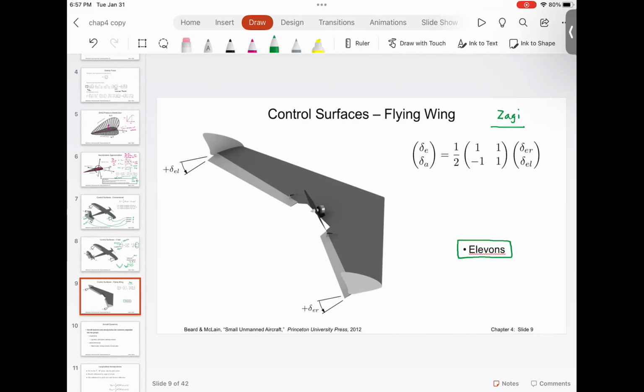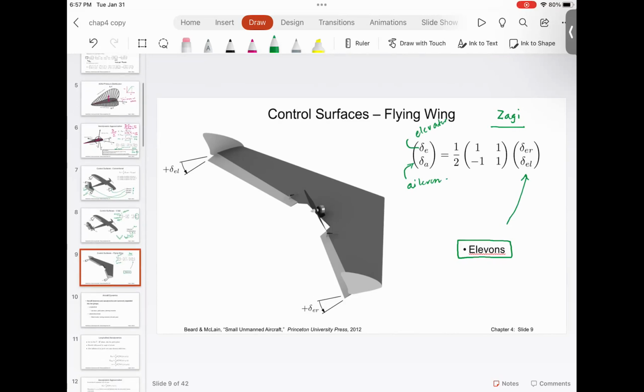When these elevons are in sync, they give you elevator. When these elevons are out of sync, they give you ailerons. So these are left elevons and right elevons. That is how you can fly the aircraft.